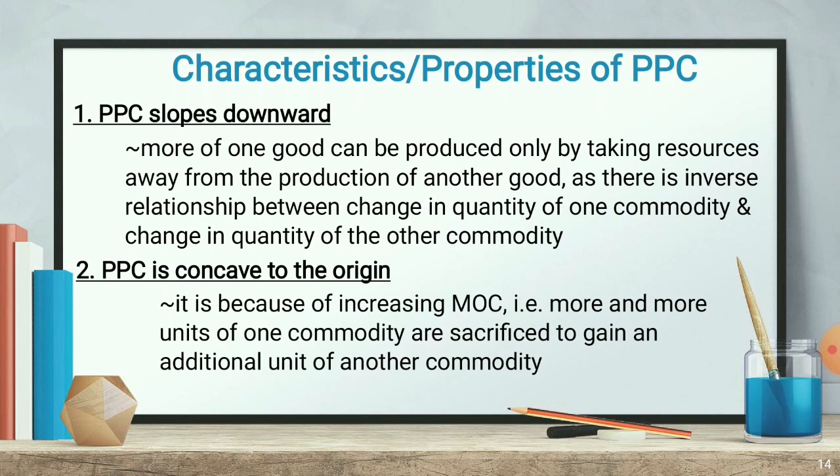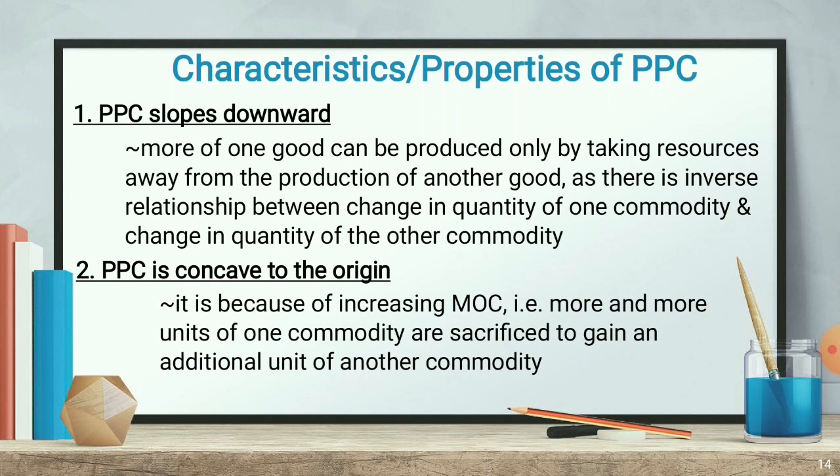Second, PPC is concave to the origin, a concave shape. Why? Because of increasing MOC. Whenever a shape-related question is asked, why the shape is straight or convex or concave, the only reason is marginal opportunity cost.